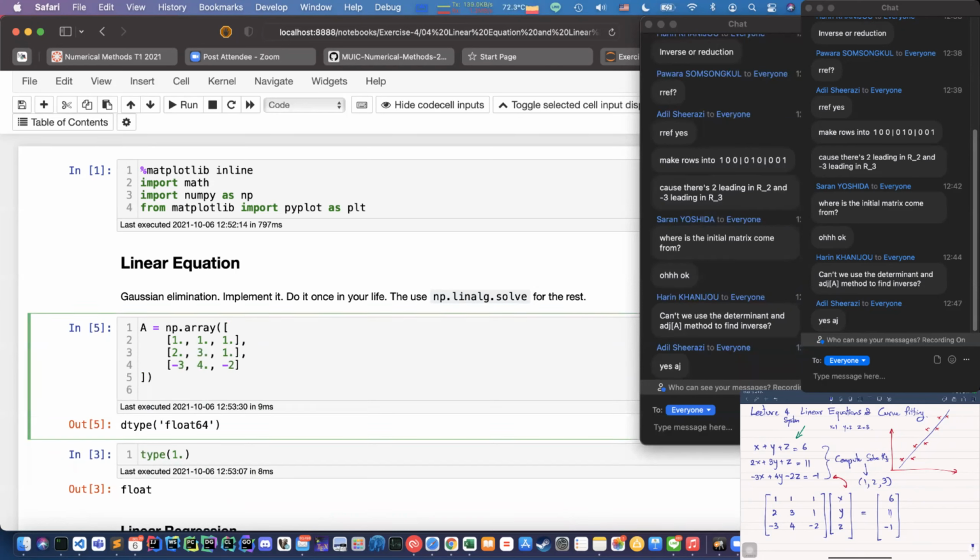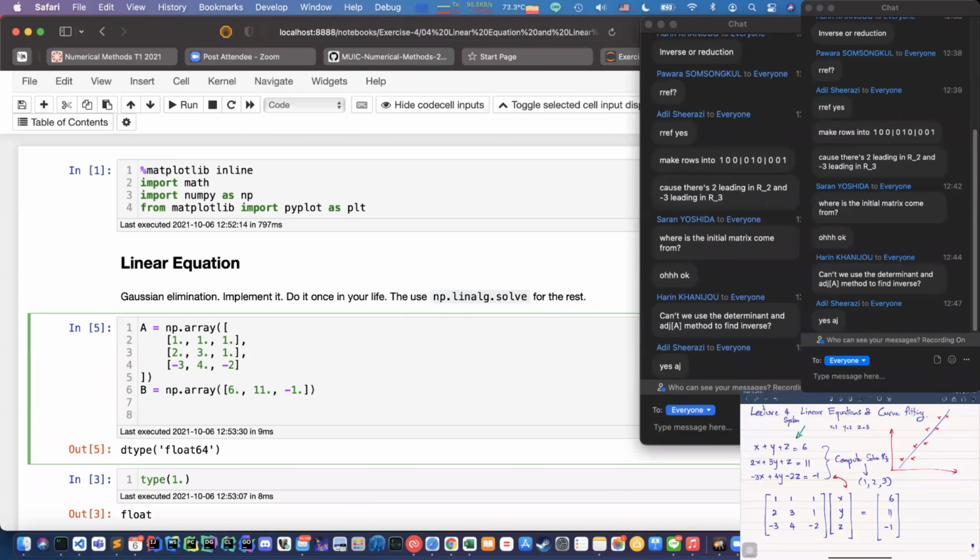Okay, and then I need b as well. B is np dot array, and we could call that 6, 11, and -1, and again put the dot in so that it's a float. Okay, so the thing that I want you to write is the forward elimination.